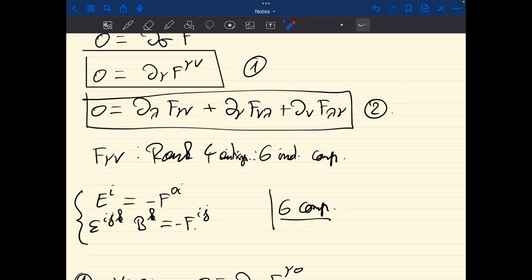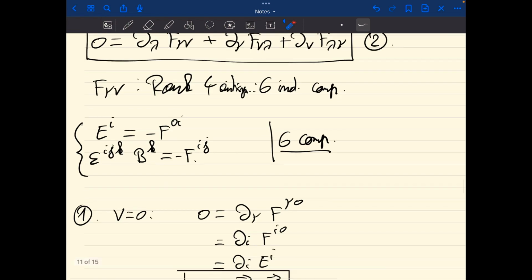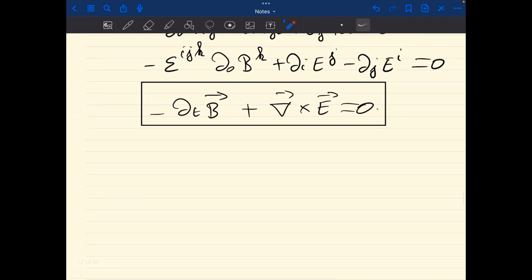In order to get that, we can extract it from the second equation. First, what we did just before is to take lambda equal to 0. Now we will take it to be a spatial component, let's say i, but you still have freedom for μ and ν. It turns out that the only new information you get is when you take μ and ν to also be spatial components. If you take either one of them to be 0, then you will find information that we already found before. That's something you can check.